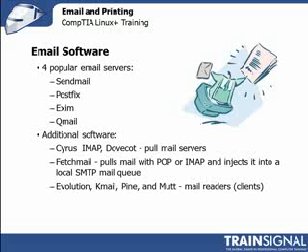Fetchmail pulls mail with POP or IMAP and injects it into a local SMTP mail queue. You probably won't use this option very often. And finally we have mail readers or clients like Evolution, which is the default reader for Linux, and you have KMail, you have Pine or Mutt. Let's move on and talk about accessing your mail from the command line on the next slide.